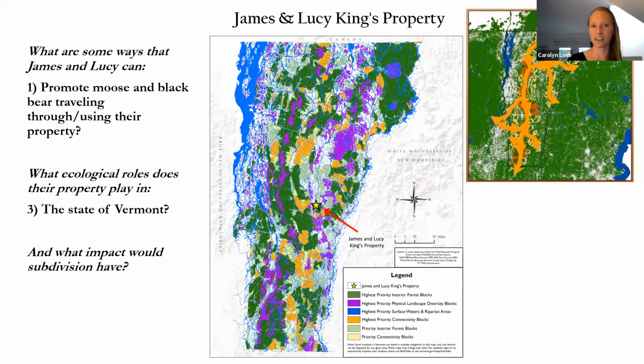You can start to figure out, is my property part of a really big forest block? Because that might change the way you think about management, or if you're going to subdivide or develop, it might change how you think about that. I would say also, oftentimes BioFinder will tell you things that you kind of sort of already knew.